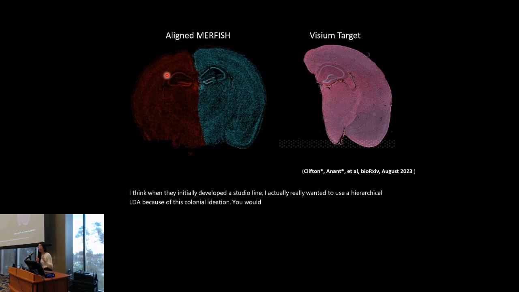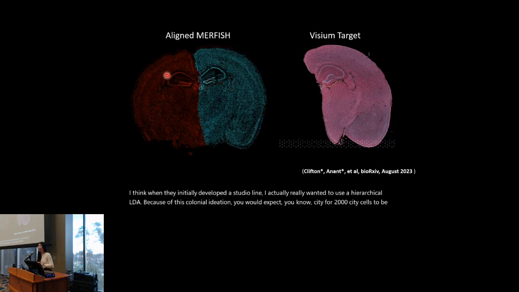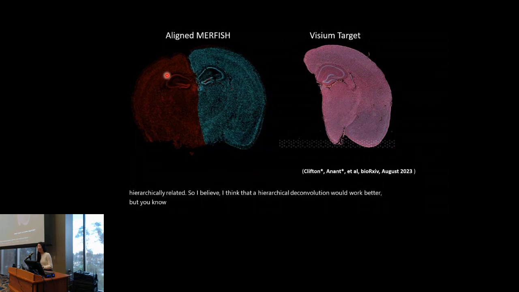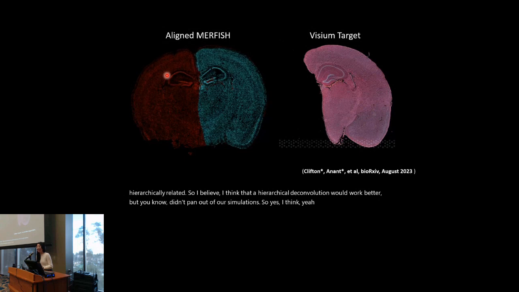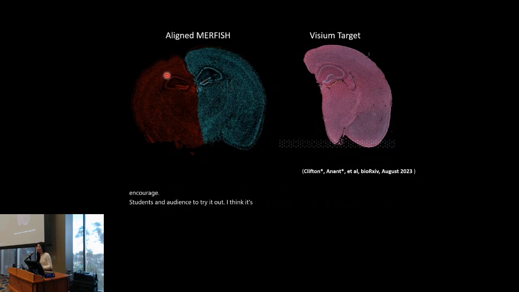You would expect CD4 T cells and CD8 T cells to be hierarchically related. So arguably you would think that a hierarchical deconvolution would work better, but it didn't pan out in our simulations. If this is an area of interest, I definitely encourage you and students in the audience to try it out. I think it's worth trying out. Yeah, great.